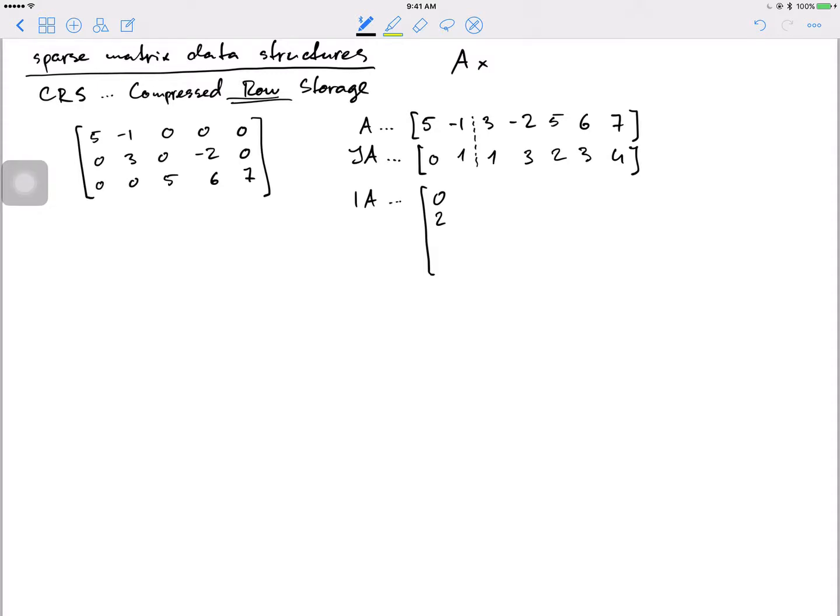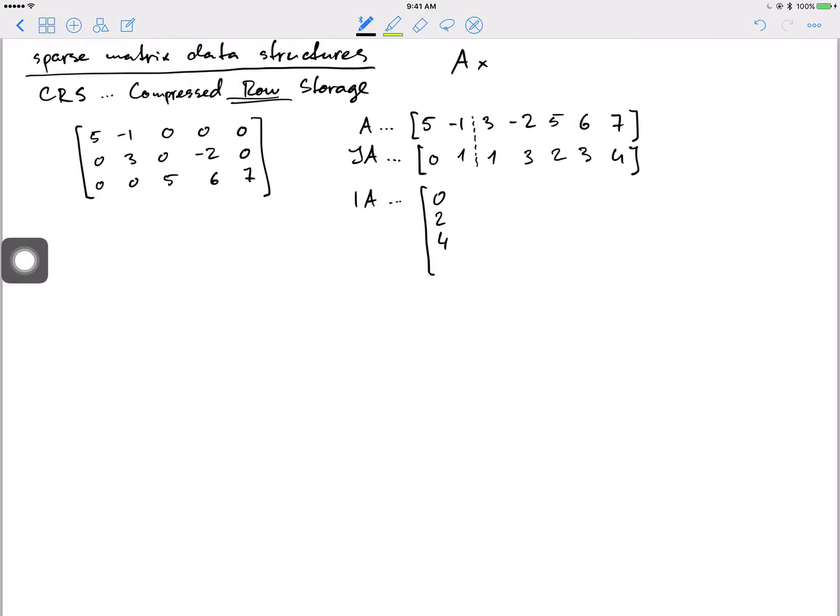Because if I'm looking at row number 1, or the second row, I'm now assuming zero-based indexing, because that's what you usually implement in C++. So you skip the first two elements and you start looking here. And the last one would be 4, because you skip the 4 values to get to row number 3. Confusing myself with 0 or 1-based indexing, but that doesn't matter.